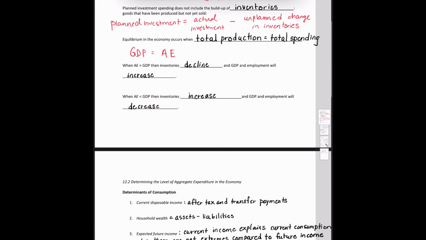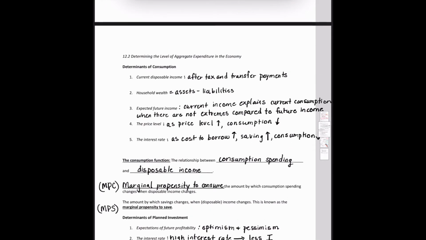Okay, so let's talk about how we determine the level of AE in the economy. AE is made up of different components, and within each specific component we already identified, there are subcategories within consumption, investment, government expenditures, etc. So let's talk about the determinants of consumption.